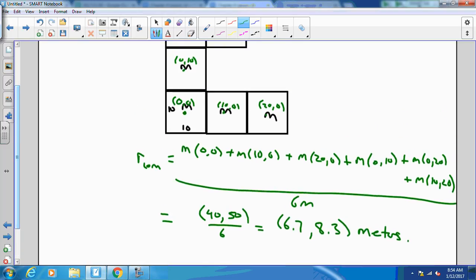When we're done, let's do a little reflection on what we discovered. If this origin is 0,0, then 6.7 is going to be a little bit beyond the edge of the first square, and 8.3 is going to be substantially beyond the edge, so our center of mass is located right here, outside of the feet section.